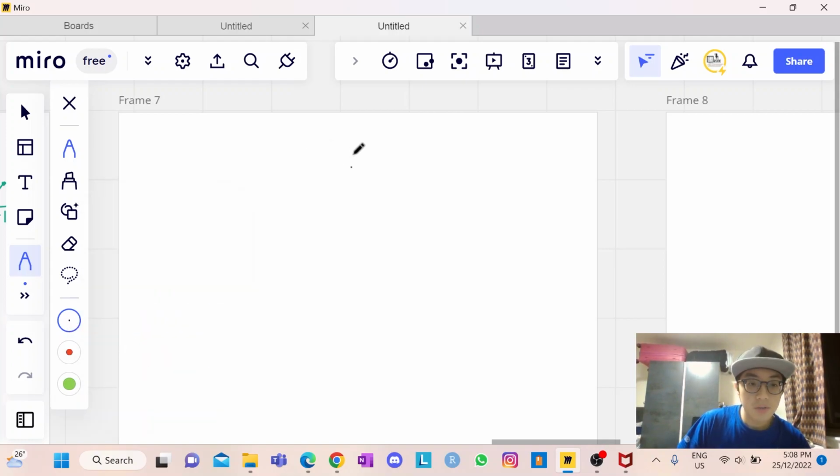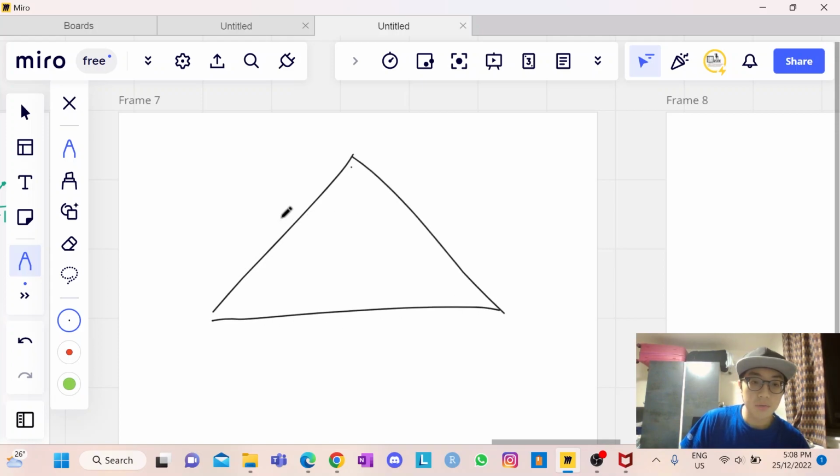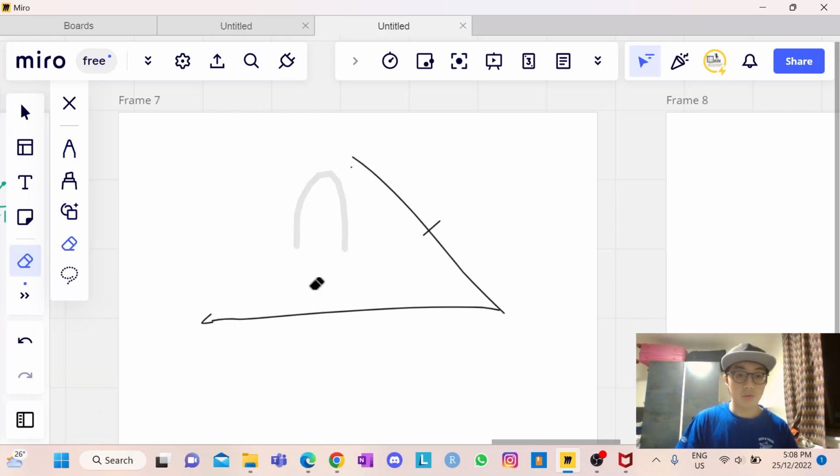This little thing right here is very hard to draw, so now I'm just going to redraw it.